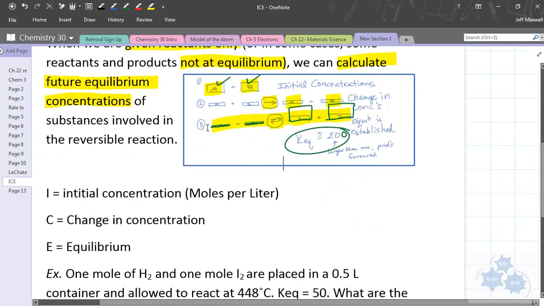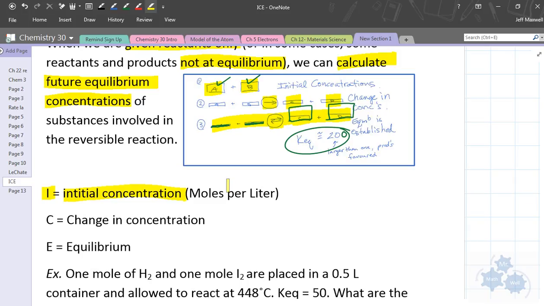Zoom back out. Now, where do I get ICE from? Okay, here it is. I is the initial concentration of everything that you're given at first, and usually it's the two reactants. Sometimes we've got initial concentrations of reactants and products, and they're going to react. Now you find out, but that's later.